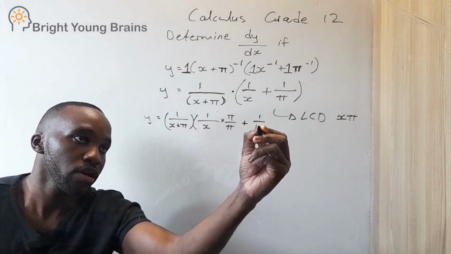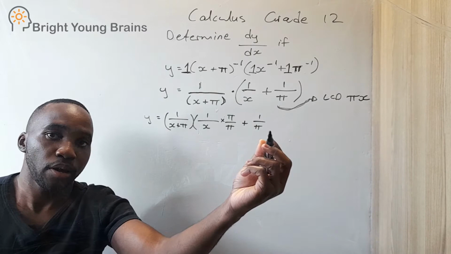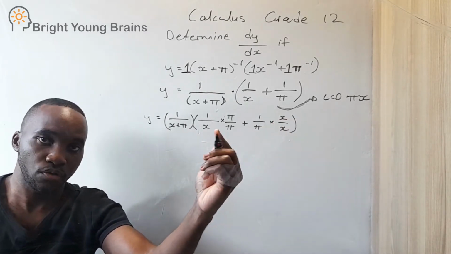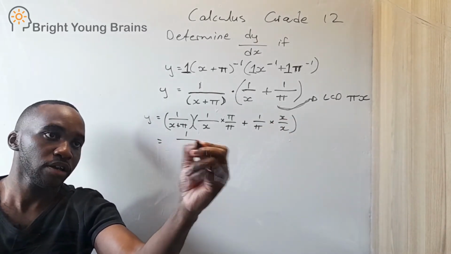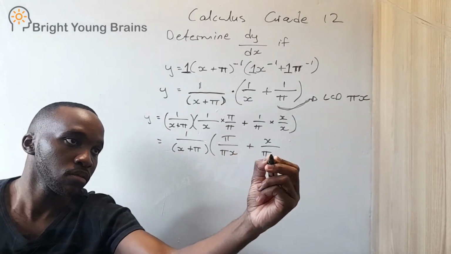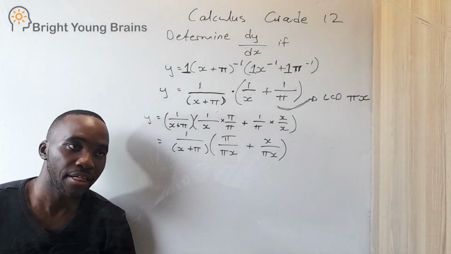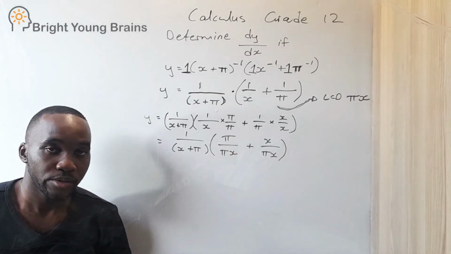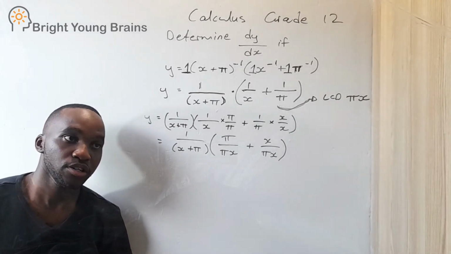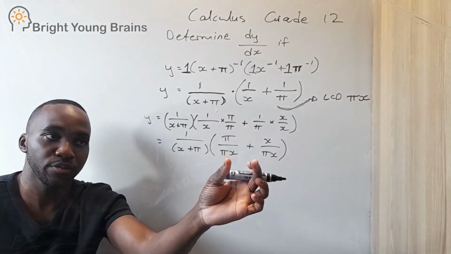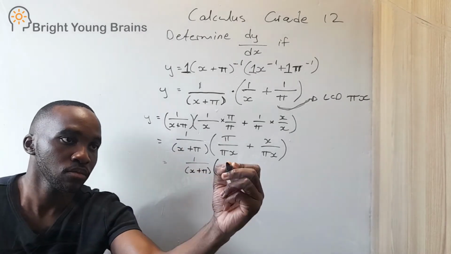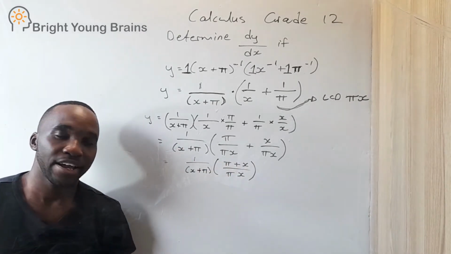The 1 over pi, we can multiply by x over x. So this simplified just looks like that. Okay, so it seems to be going down. Luckily they both have the exact same denominator now, so we can write it like that.